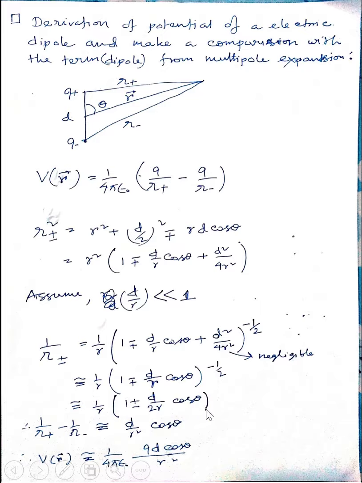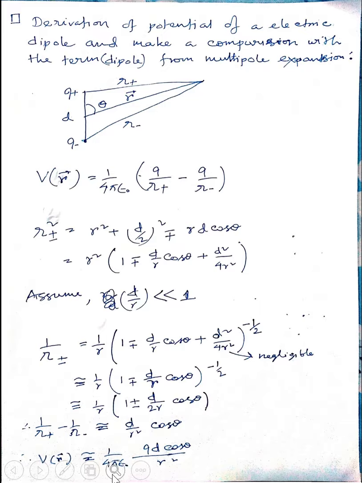So I will get this one, and if I try to find 1 by r plus minus 1 by r minus, I will get d by r square cos theta, and finally I will get the potential as this term, qd cos theta by r square, multiplied by 1 by 4 pi epsilon 0.